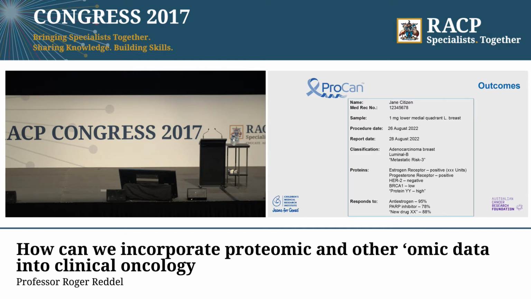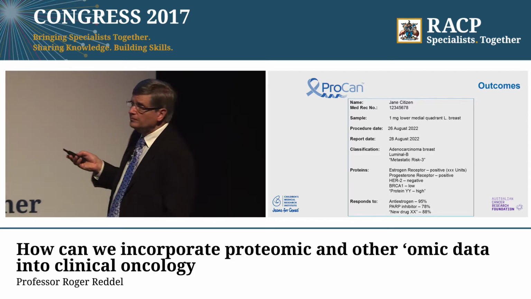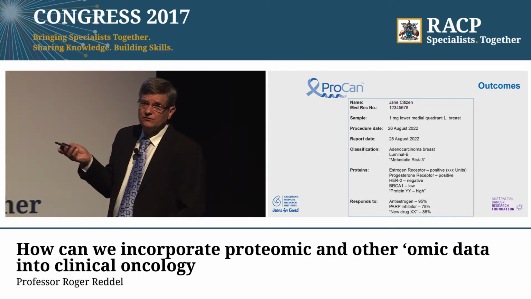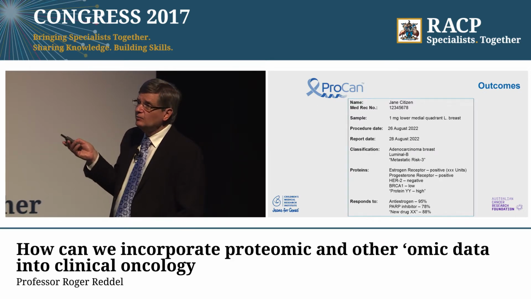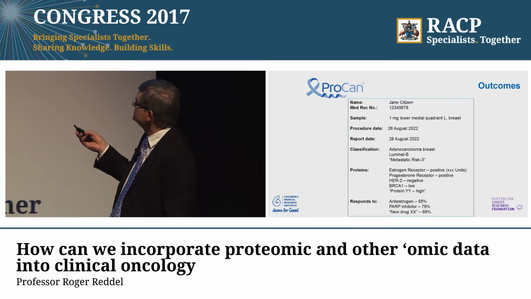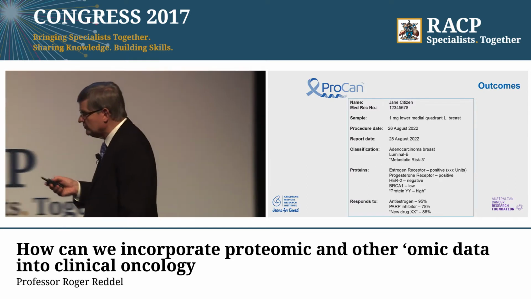But most importantly, there will be an algorithm-driven prediction based on comparison of the protein pattern in this individual tumour with an increasingly large global database to make a prediction as to what treatment the tumour would respond to.